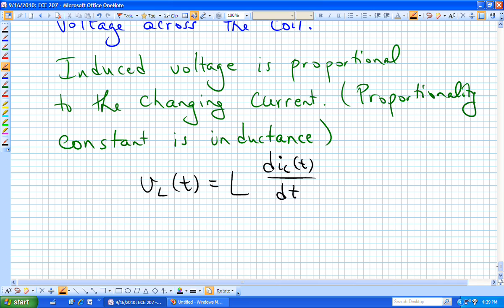And there's Eli. V is equal to L di dt. And we want to keep track of that.